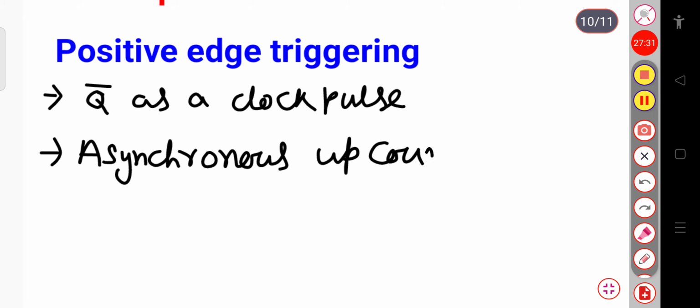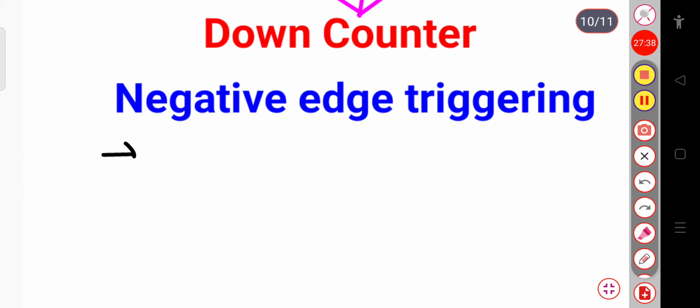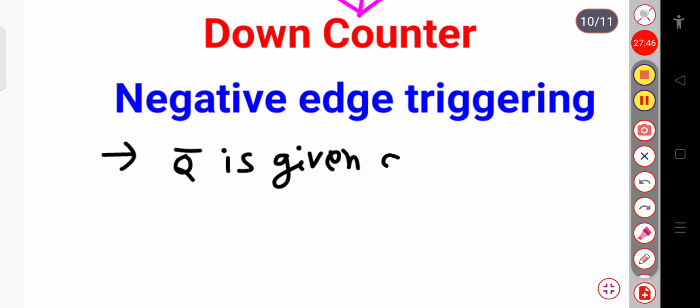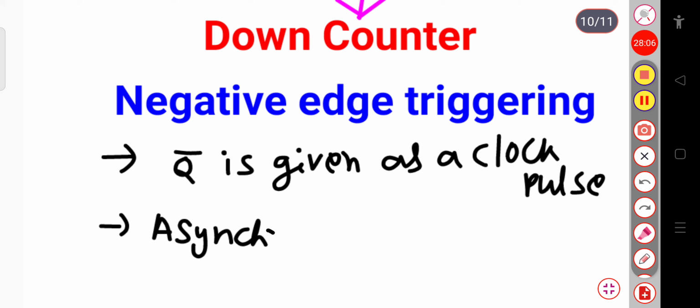And similarly, in case of negative based triggering, if Q bar is given as a clock pulse, then it is treated as the down counter, or I can say that this is asynchronous down counter.